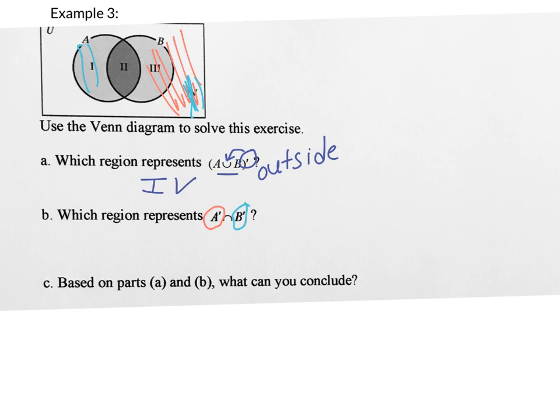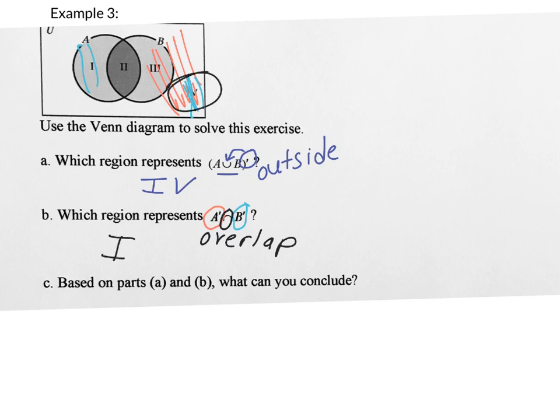And then finally, they want us to intersect those two complements. So what area do they have in common? Where do they overlap or match? In other words, where do you see both colors, both the red and the aqua? Well, the only region that they have in common that I see both colors on is region 4.